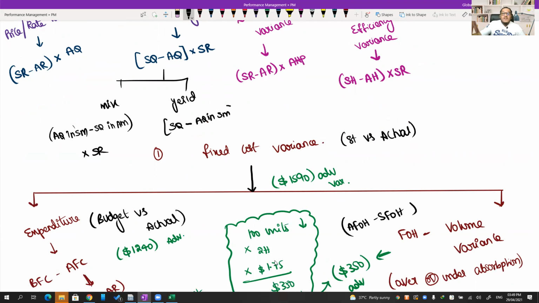If I did not change the mixture, if I did not change the proportion, what should have been the standard quantities? What should have been the actual quantity? That difference is your actual efficiency of that particular material into the standard rate. Now are you able to understand, sir?